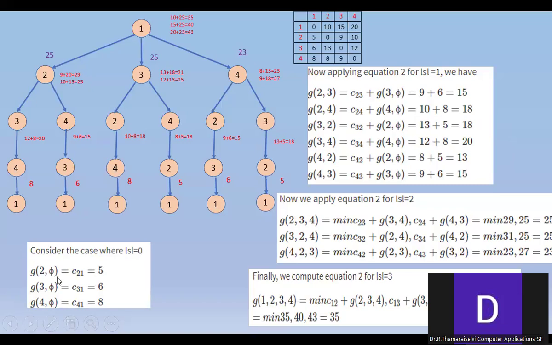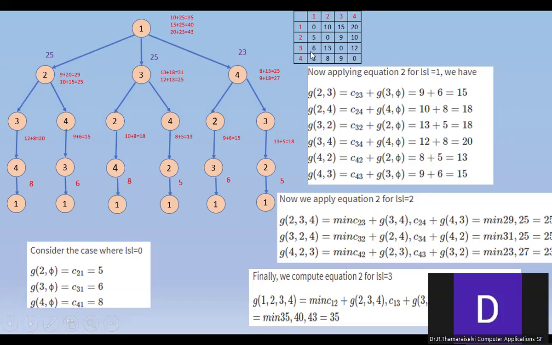G of 2 comma pi is equal to C21. The cost is 5.